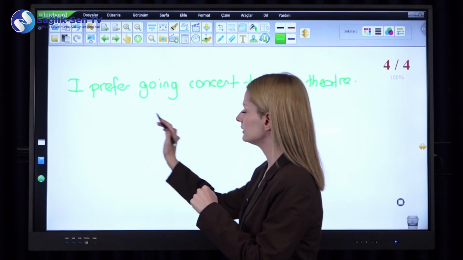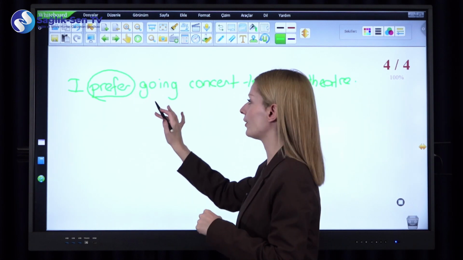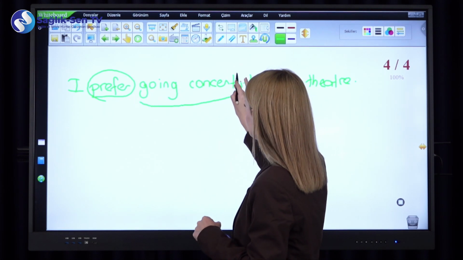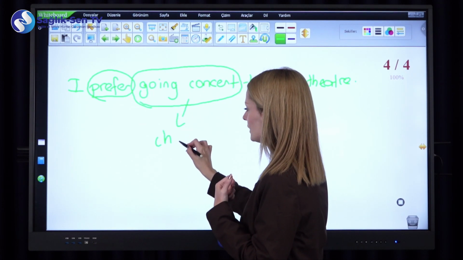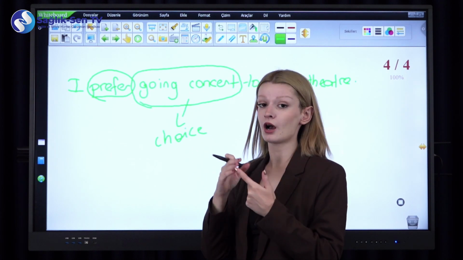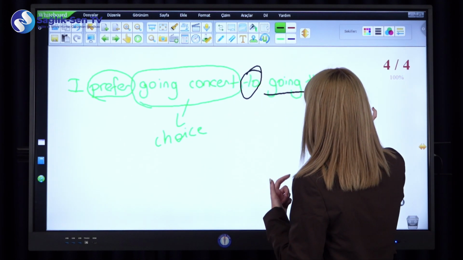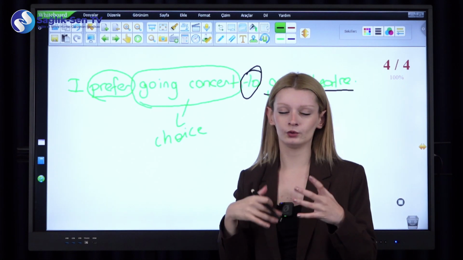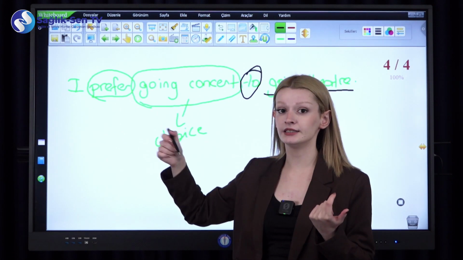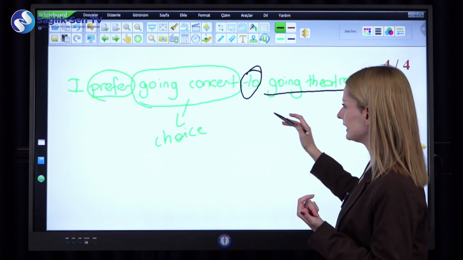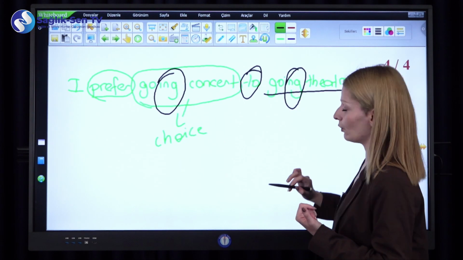The first one is, again, after my verb prefer, I put the thing that I choose. This is my choice, going to concerts. And then I use to, and then the action or noun, whatever, that the subject didn't choose. And again, it's in verb ing form.